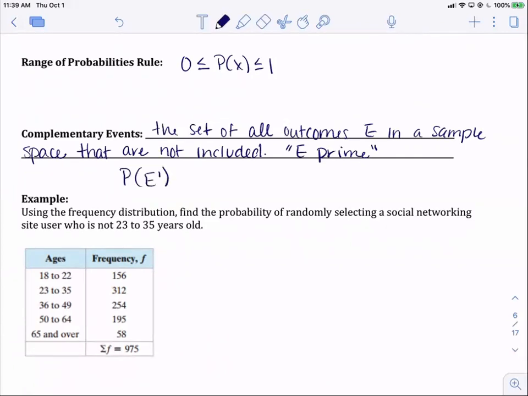That's what it looks like. Which would just be 1 minus the probability of E.